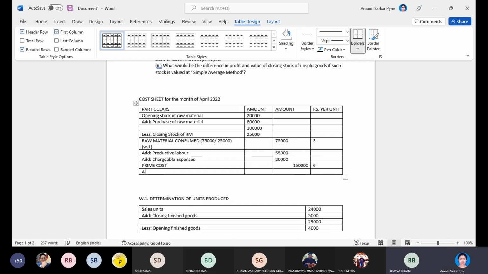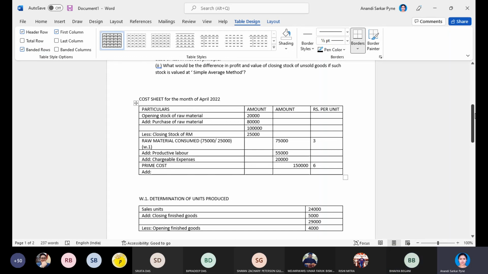Ma'am, I have a doubt. Chargeable expense will come after prime cost or before it, because it's an indirect expense, right? Chargeable expenses are direct expenses, not indirect. That is why we will add before prime cost. How is it direct? Because it is related to production.